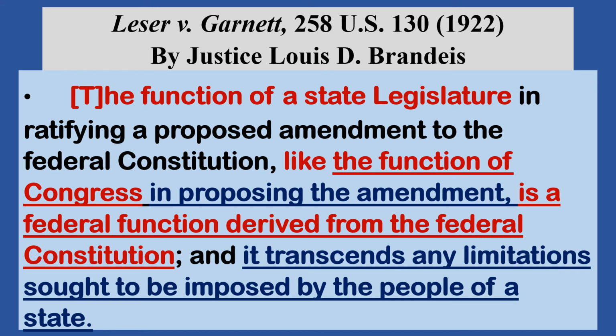The court rejected that argument, and it reemphasized again that the function of a state legislature in ratifying a proposed national constitutional amendment is like the function of Congress in proposing the amendment. It's a federal function derived from the federal Constitution, and it transcends any limits sought to be imposed by the people of a state. So it's very clear from this statement that the state legislatures do not have the power to limit the power to propose constitutional amendments.